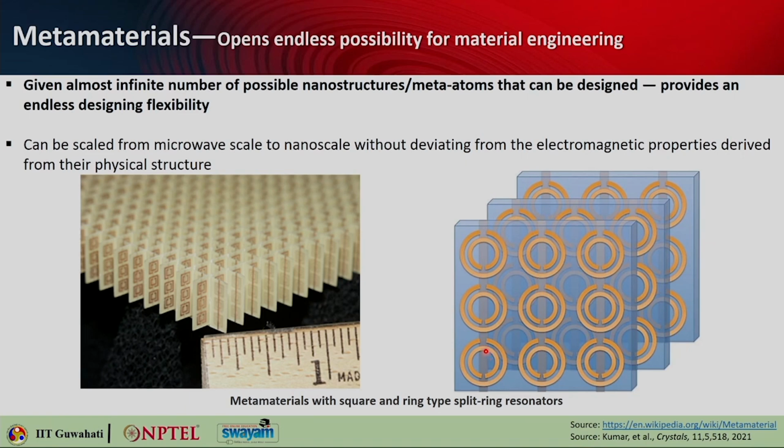Just that you have to choose the correct dispersion function for the materials that you are using. So, every material that you are using will have its refractive index or permittivity as a function of lambda. So, if you pick that correctly, the same design can give you a response in the microwave as well as the optical frequency regime.